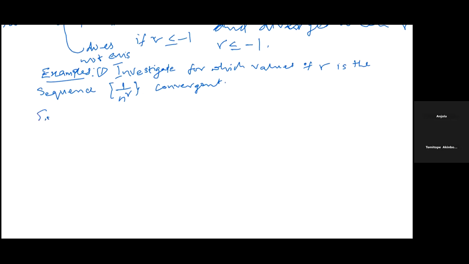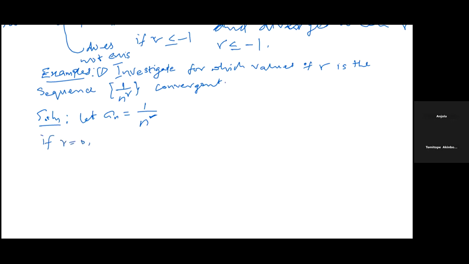So solution, let an equal 1 over n raised to power r. So I'll just be referring to an. Now, we will check if r equals 0. What happened to an?